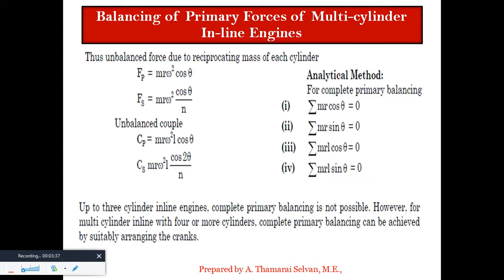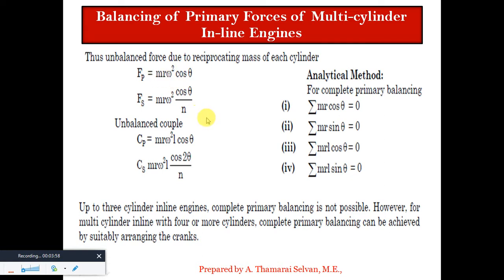And here these are the equations, the conditions we use for balancing of the primary forces of multi-cylinder inline engines. Here the primary force is given as m r omega square cos theta, because this primary force is the unbalanced force due to the reciprocating mass of each cylinder. And this secondary force is m r omega square cos theta by n. You know what m is?